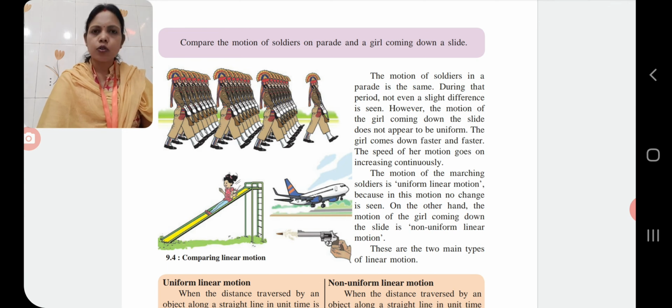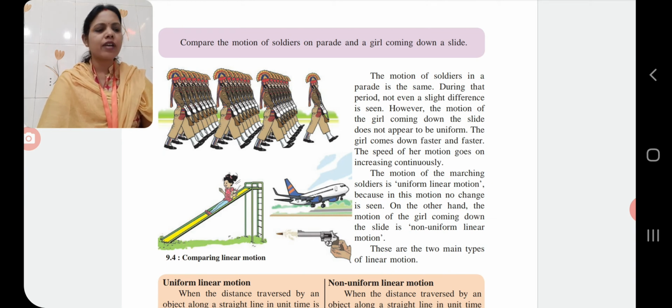Linear motion has two types, uniform linear motion and non-uniform linear motion. The first one was uniform linear motion. In that we saw the parade of soldiers.